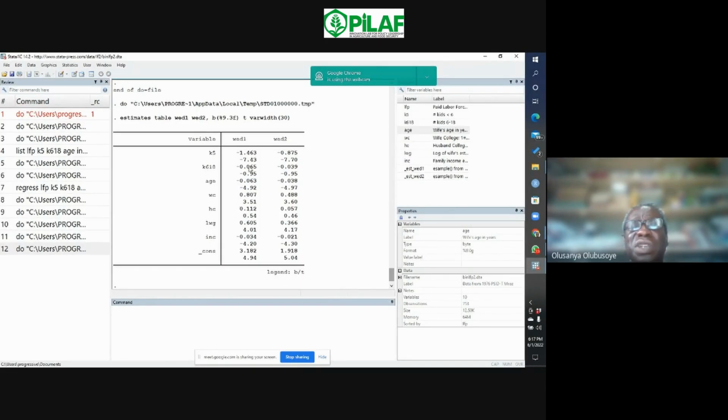This is the coefficient of K618 for logistic and for probit, and so on. Of course, we see some little differences, and in some cases the difference is not much. In fact, if you look at the signs, they are the same.